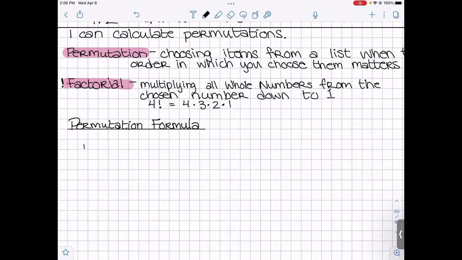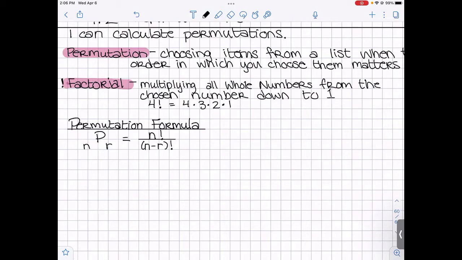So it's n permutations of r is the way you write it. They're going to give you 2 numbers. The bigger number is always first. So you have a list of so many things and it's going to say choose this many. The formula is n factorial divided by n minus r factorial.